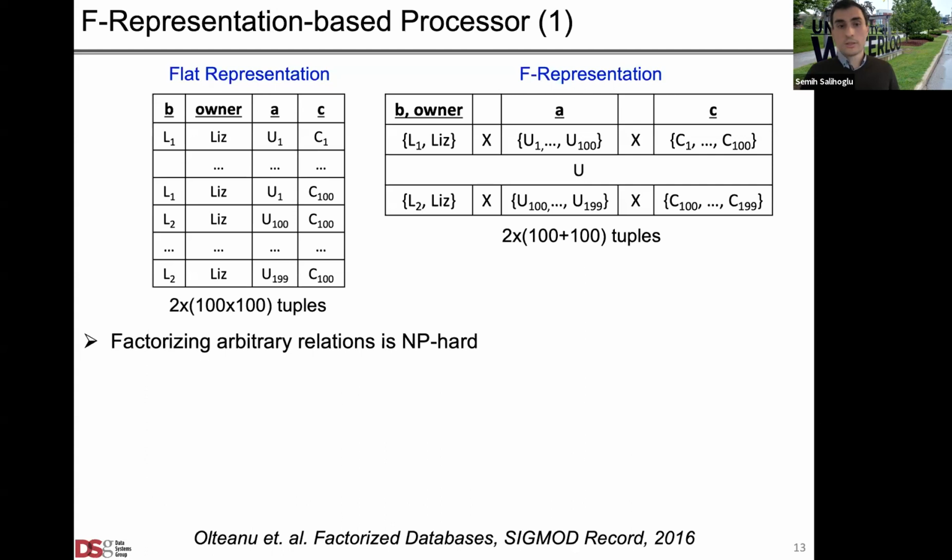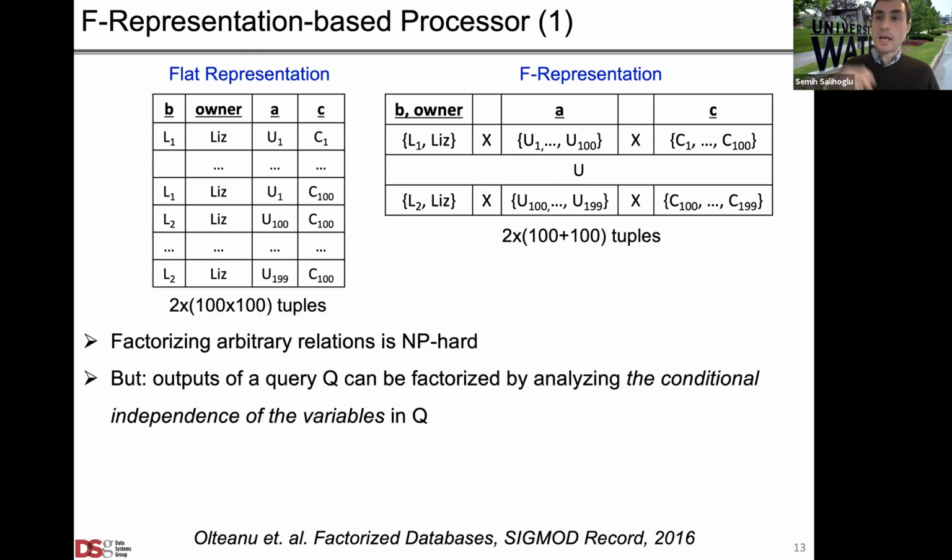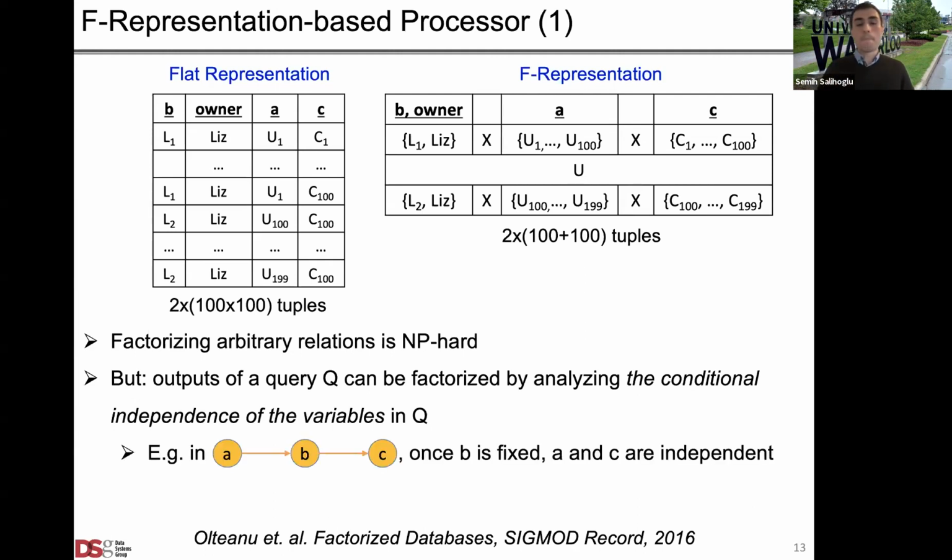Now, in general, if I gave you an arbitrary relation, there is no reason to hope that you can find a good factorization. It's computationally hard. But if the relation is the output or an intermediate result of a query Q, then we can find good factorizations of the relation by analyzing the conditional independence of the variables in Q. So, for example, this was the join part of my query, ABC.